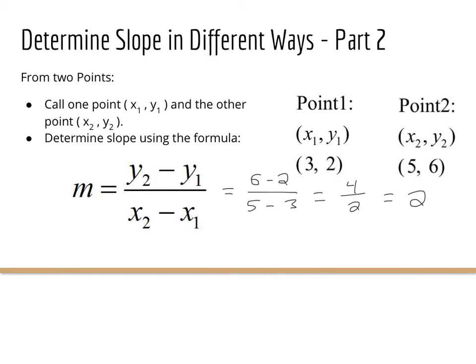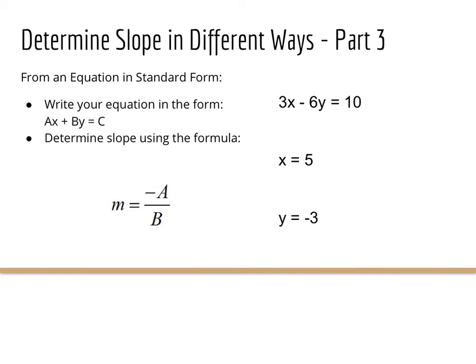This is a good method to use if we don't have a graph, we don't want to graph, if our points contain decimals or fractions or variables, which you will be looking at. The formula will always be a way to calculate slope. All right, so that's method number 2. Let's look at method number 3.